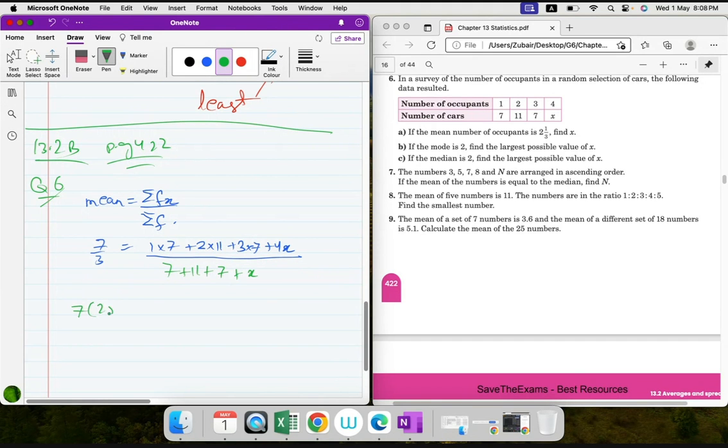So 7 into 25 plus x, and on the other side this 3 goes there, cross multiply.